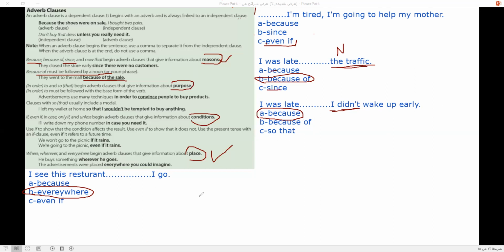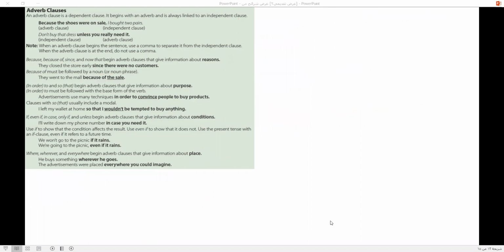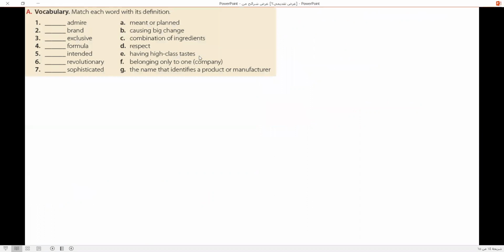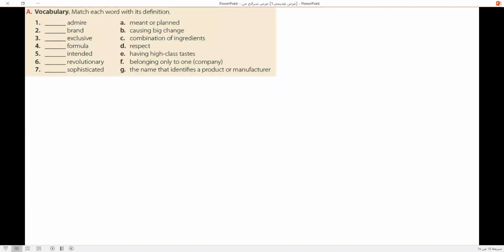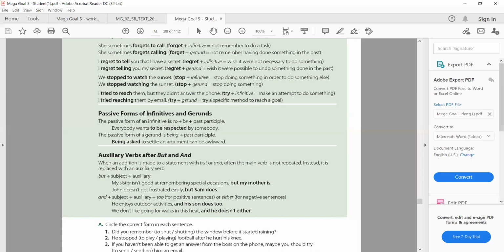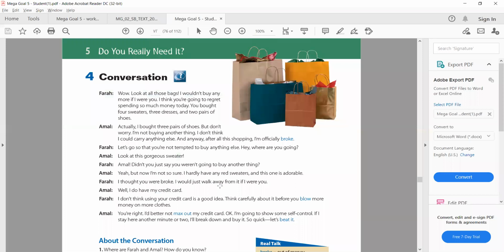Okay, take a screenshot, please. Also here we have vocabulary. I think we are done with, let me check, we are done with unit 5. Units 6 and 5, we are done with them.